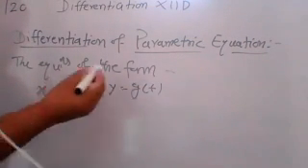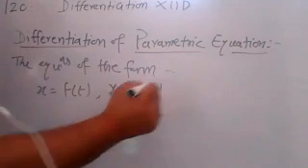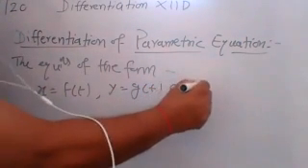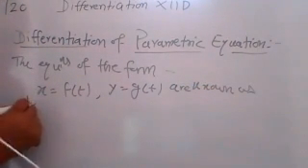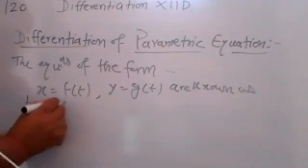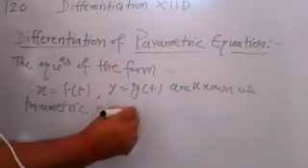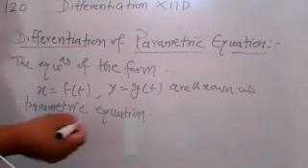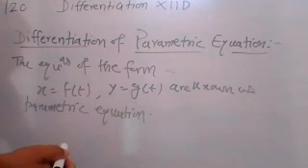The equations of the form x is equal to f of t and y is equal to g of t are known as parametric equations. Understand? So here t is treated just like a parameter. That is not constant. That is known as parameter.